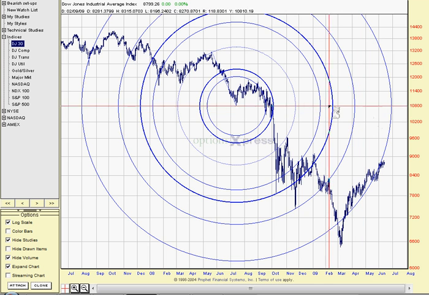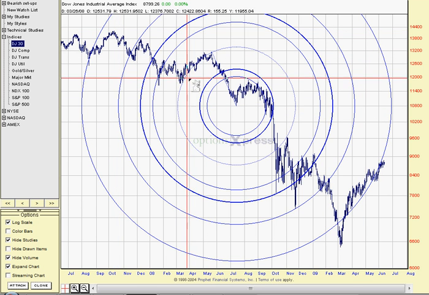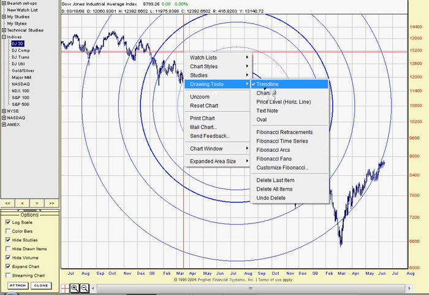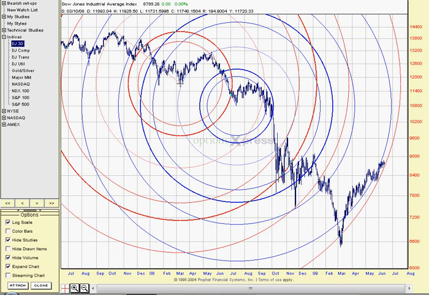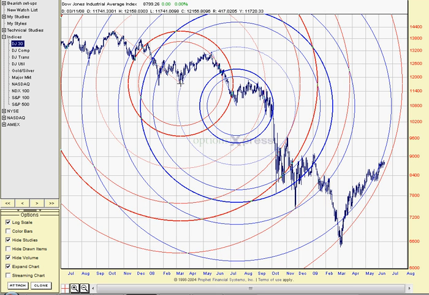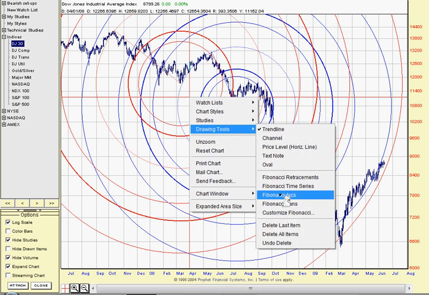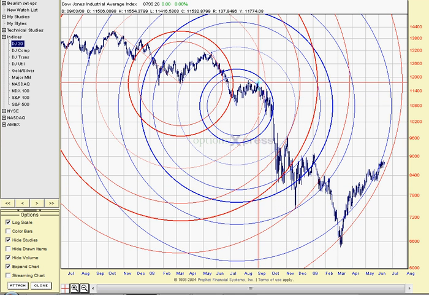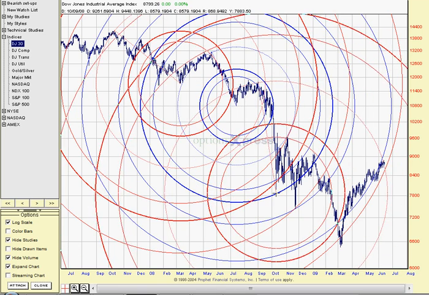And what I'm going to do is draw some important high to low arcs and then talk about that just for a minute. So I'm going to draw the bull market top October 11th to the March low. I'm going to draw the September high to the October 10th crash low.